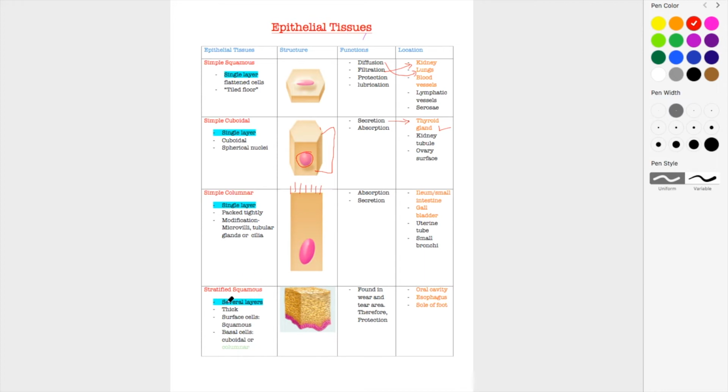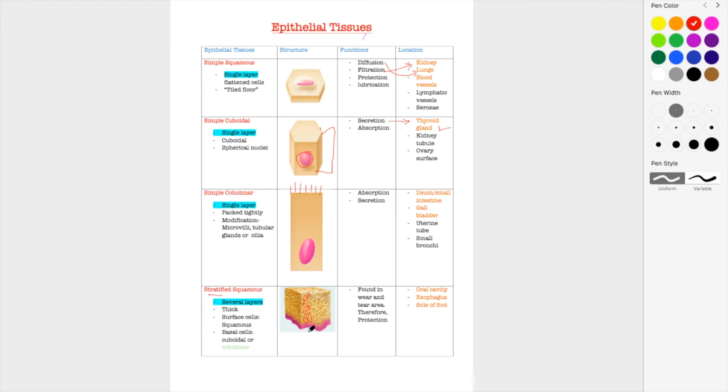Stratified squamous epithelium means, as you know, stratified means many layers. As you can see here, there are multiple layers. The nuclei are at different levels also, so you cannot see lined up nuclei. These have surface cells and basal cells.